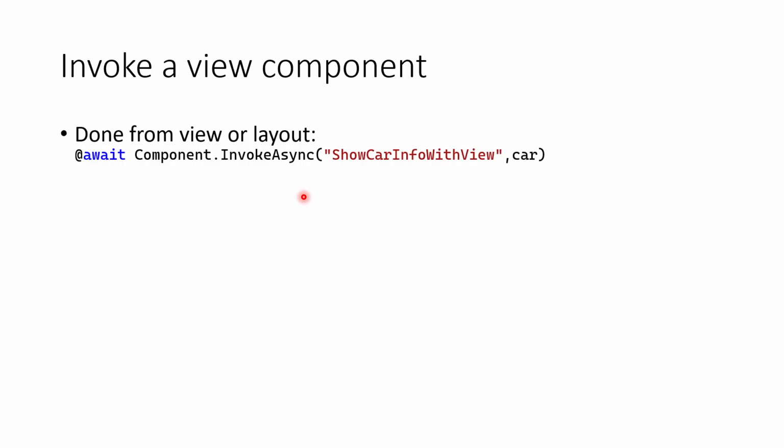So the point of the view component is if you have heavy or heavier logic, if you don't want to code in Razor alone, create a view component. Okay, thanks, that's about it.